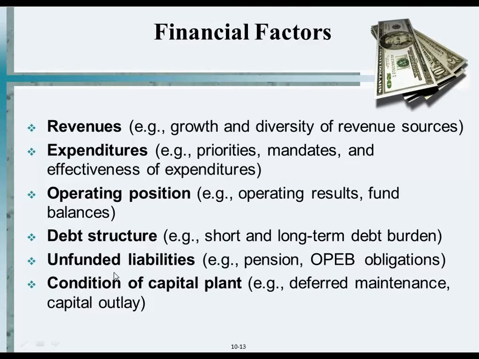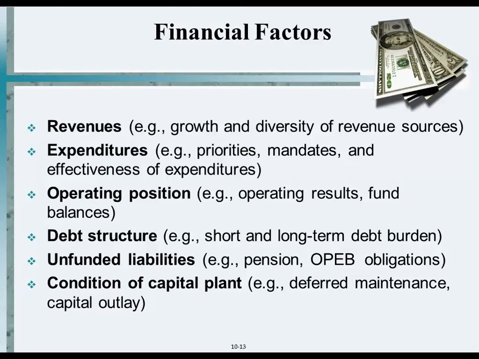Financial factors, these are the ones that you'll look at: revenues, expenditures, operating position, debt structure, unfunded liabilities, and condition of capital plan. Revenues and expenditures, as I said, it depends on which side you come from. But generally, do you want increasing revenues or decreasing revenues?